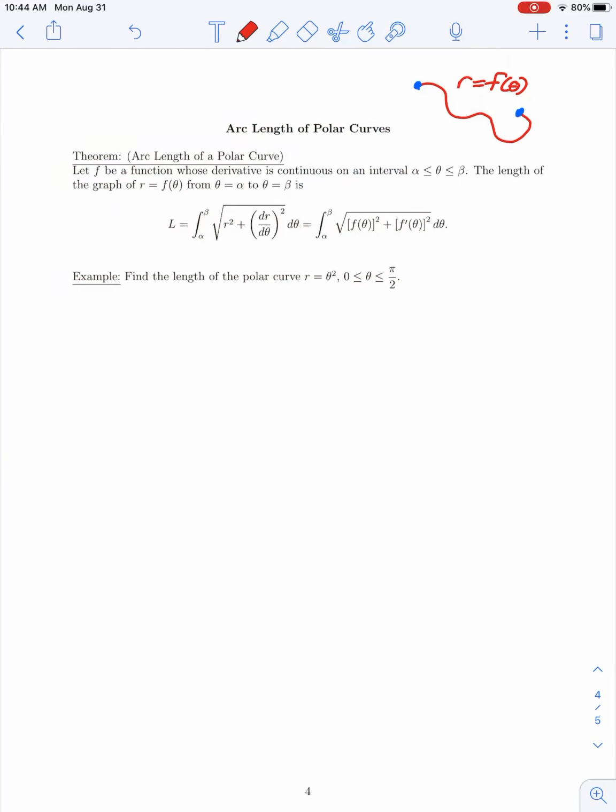Well, the following theorem gives us a formula for arc length of a polar curve. So here's what it says.